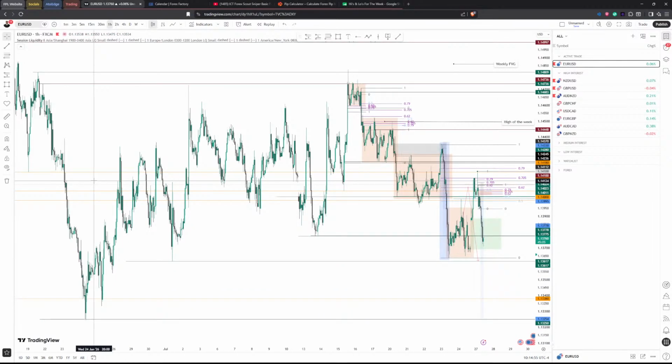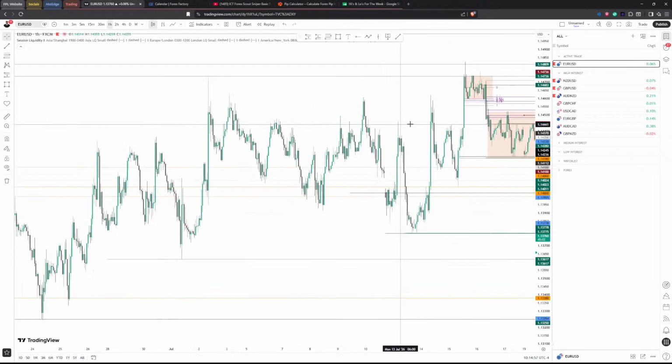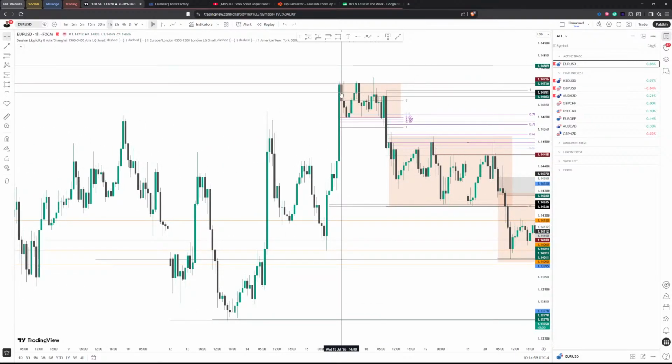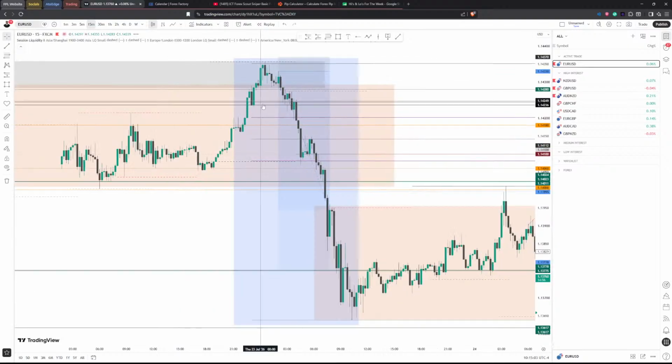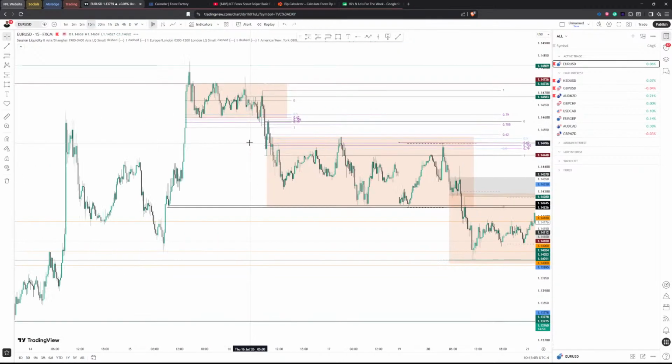That's the first thing. Then we consolidate, and we're consolidating in between a 50-minute fair value gap, which is here, but it's locked clean on the 50-minute right here. And we'll also consolidate between that and a bullish candlestick, which is right here.